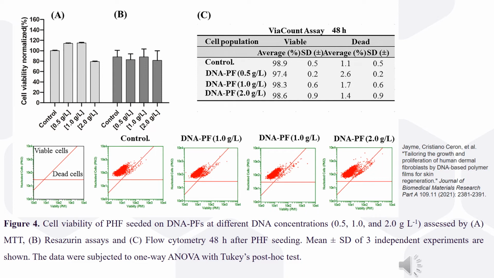In our analysis, high cell viability was observed in all 3 independent experiments, and no significant difference was observed between the control and the cells seeded on the DNA polymer film groups. So, independent of the DNA concentration, this confirms the high biocompatibility of this DNA polymer film with the cells.